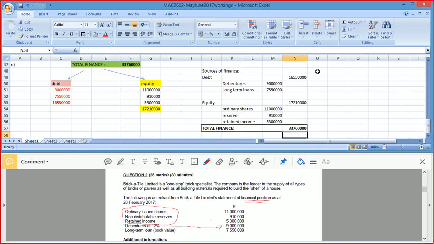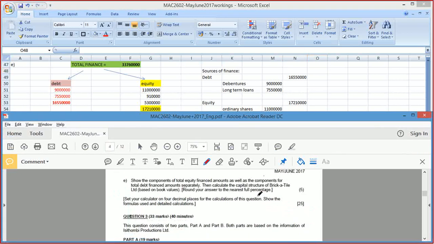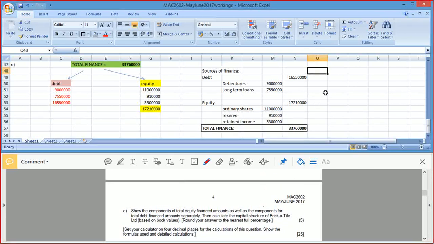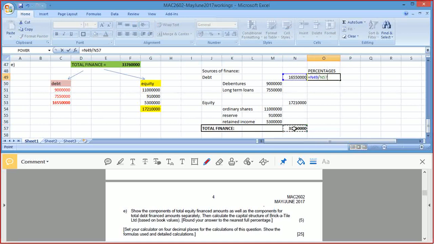As a percentage, that's what they wanted, right? Let's go back and check. Calculate the capital structure. Round off to the nearest full percentage, yes. So the total is that, and this percentage would be this divided by that, times 100.